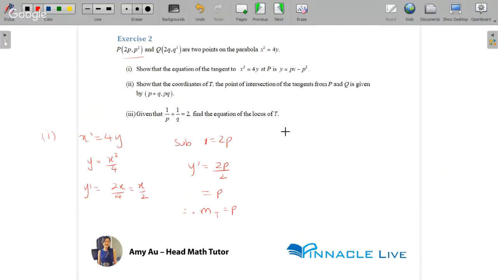Okay, so now we are going to apply gradient of p, point (2p, p squared), into the point gradient formula. Expand.